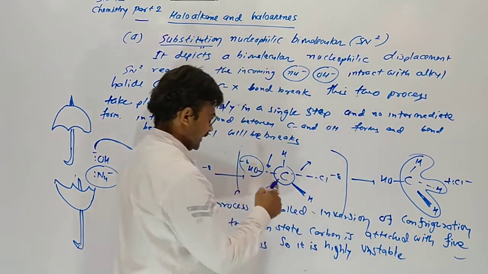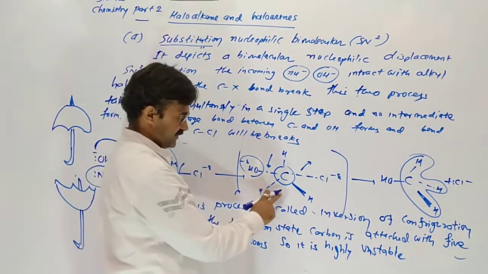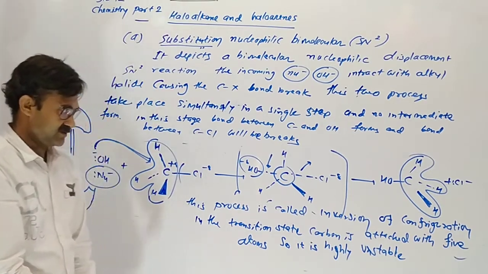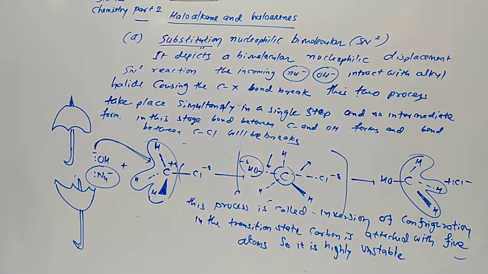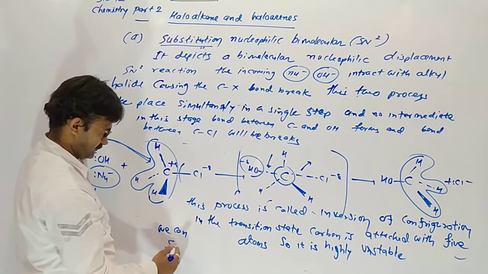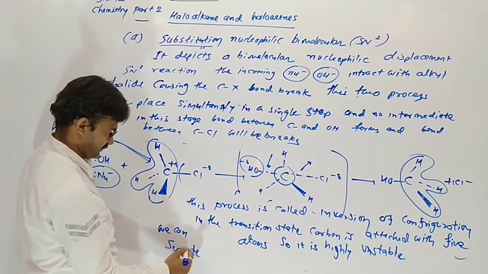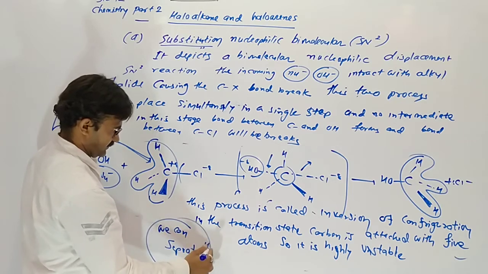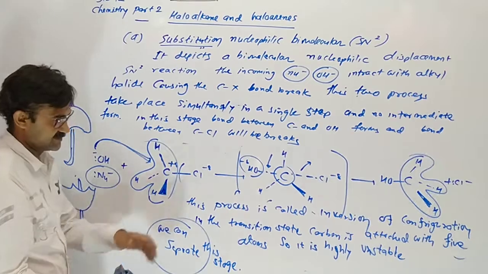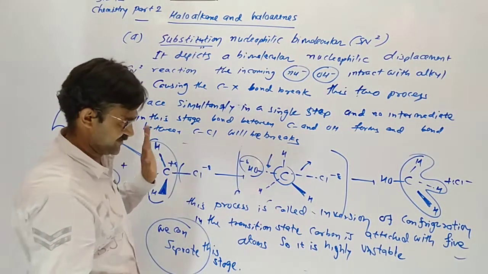Why? Carbon never forms 5 bonds. Here you can see 5 bonds, which is highly unstable. So at a time we can't separate this stage. Highly unstable.